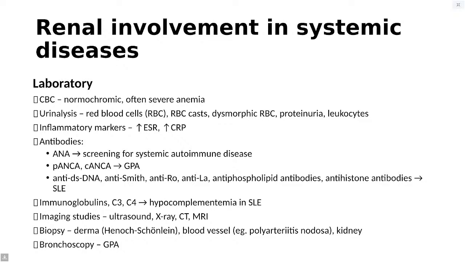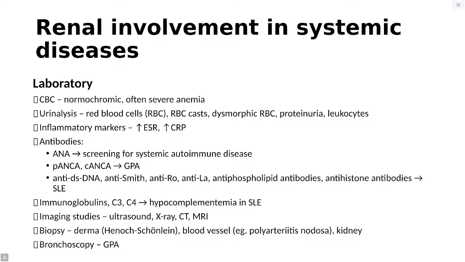Antinuclear antibodies, ANA, are screening for systemic autoimmune disease. Goodpasture is with ANCA, P-ANCA and C-ANCA. The next group of antibodies is typical for lupus erythematosus. Hypocomplementemia is typical in lupus erythematosus.